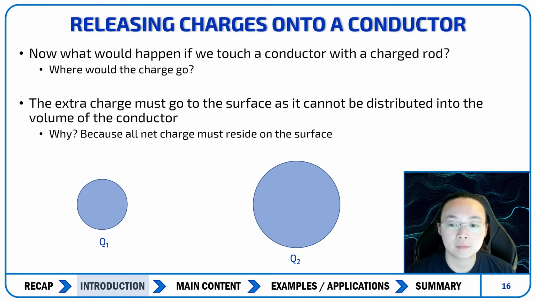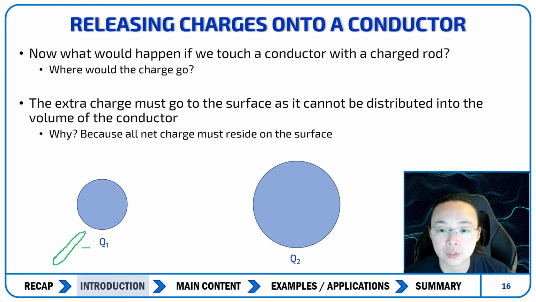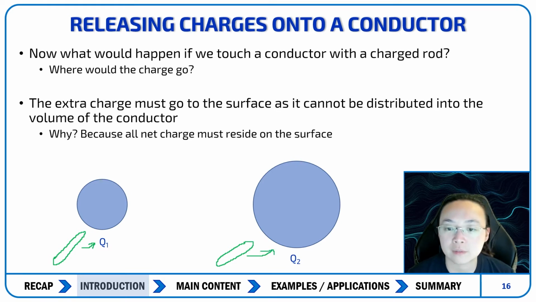So that would be me bringing a rod over here with a charge of Q1 and touching it, and then it transferred Q1 onto this conductor. Same thing over here. I have another rod, and I've transferred a total charge of Q2 onto this conductor. So now both of these have different amounts of charge, and these two conductors are completely separate, and not close to each other at all.